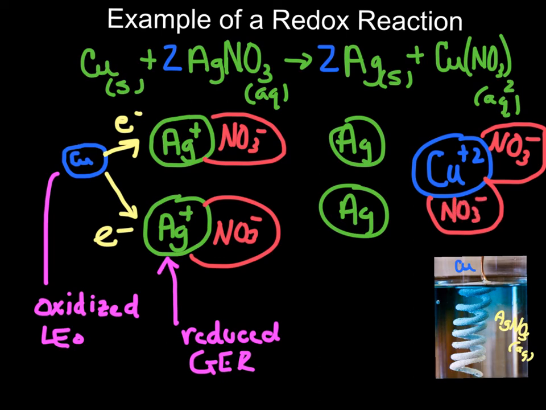Everybody's happy, the charges are balanced, but what I want you to understand here is that there was an electron transfer. Copper basically paid off silver to butt out of its relationship with nitrate so that copper could hook up with the nitrate.